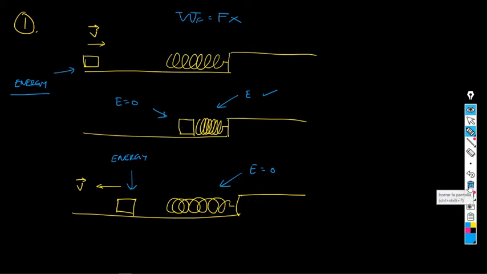I will give you another example. Example number 2. Let's suppose you have a balloon on a surface, and you have a little coin on top of this balloon. Now this is one time lapse.